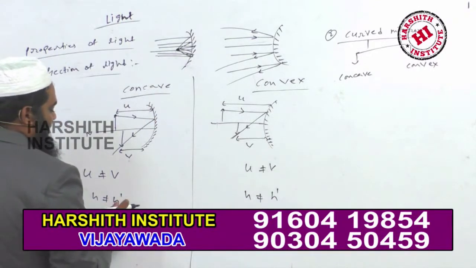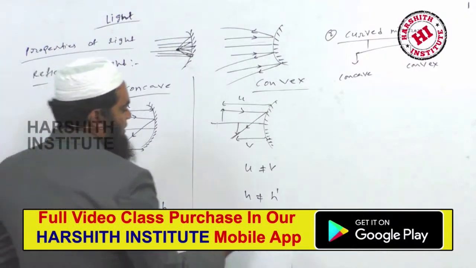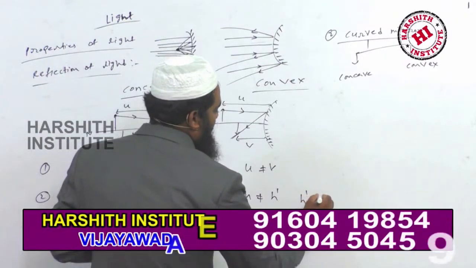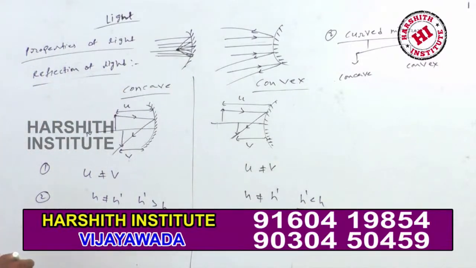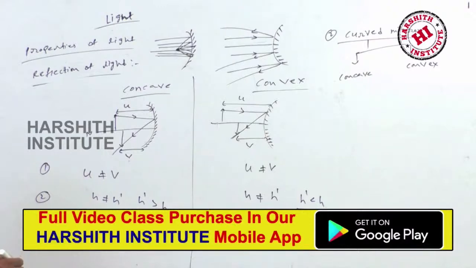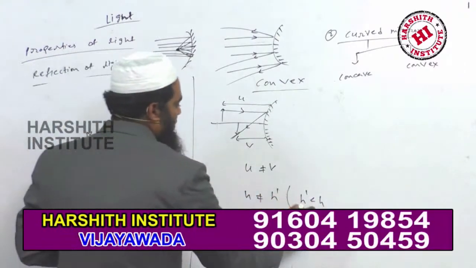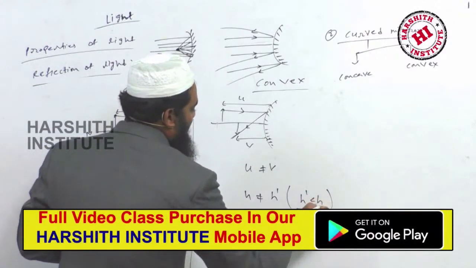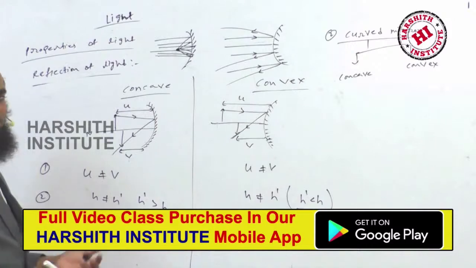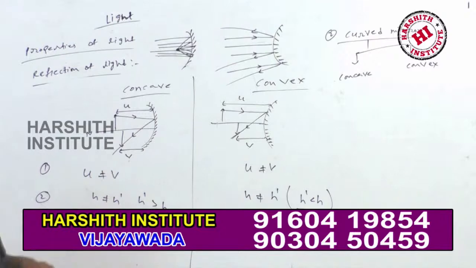But here, h dash is more than h, and in this case, h dash is less than h. h dash is the height of the image, and h is the height of the object. In the case of concave, the height of the image is more than the height of the object.